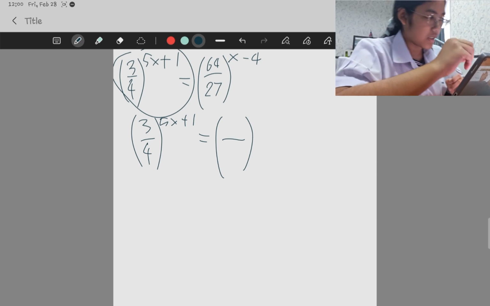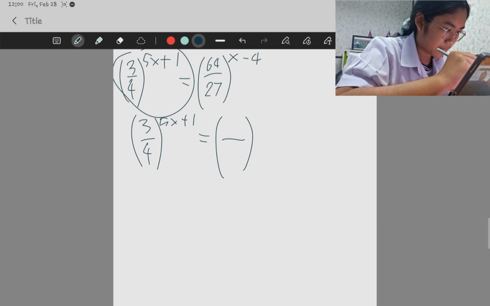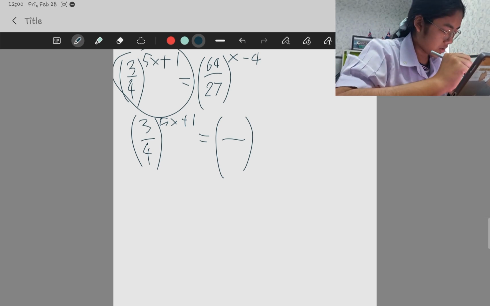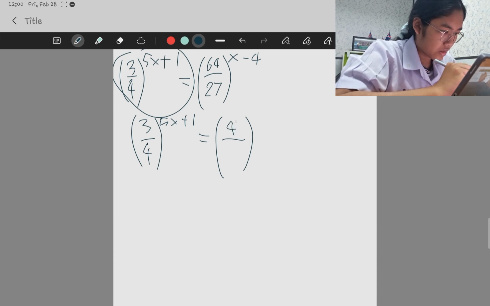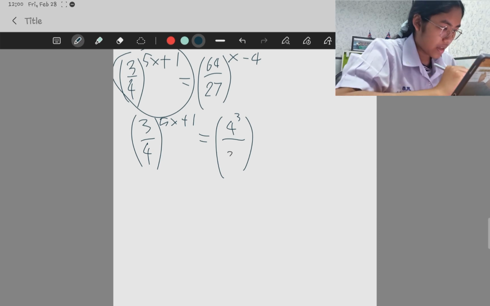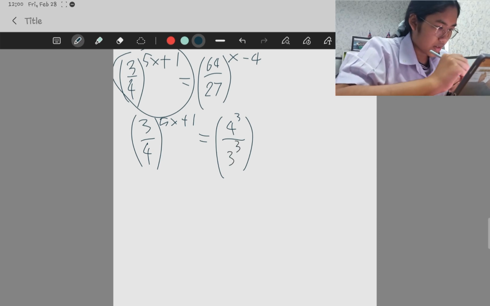So we can change to the little. The first thing is 64, right? So we change to 4 to the power of 3, and below is 27, which is 3 to the power of 3.